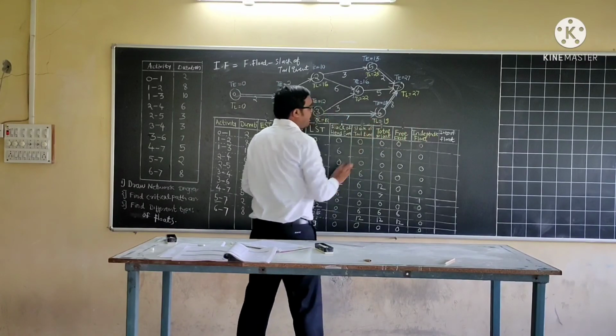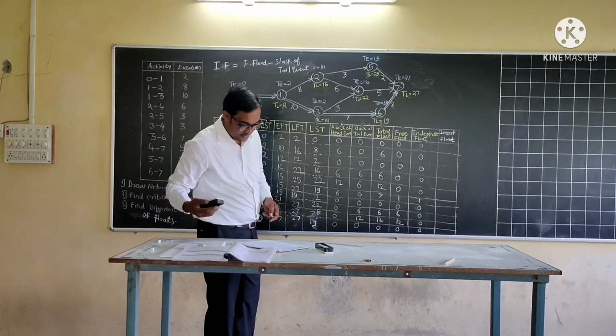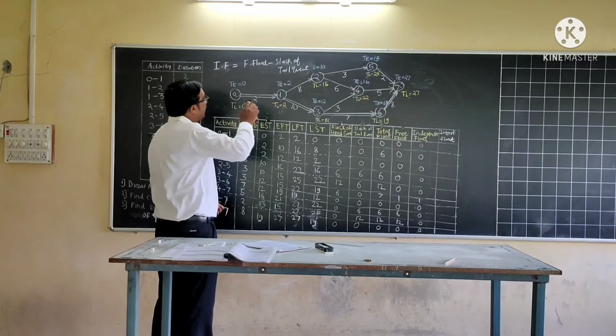Now we will calculate lastly interfering float. Interfering float is the difference between total float and free float.